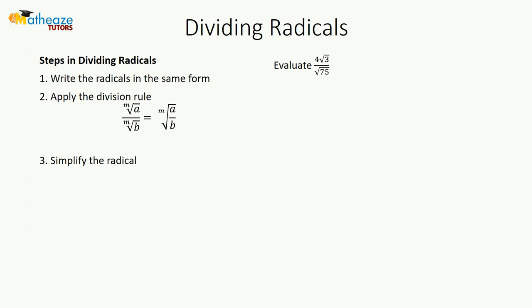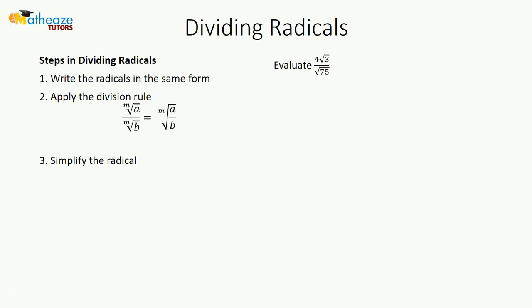Now, let's look at this: 4 square root of 3 divided by the square root of 75. Right now, the best way to do this is to either simplify the denominator, or we can rewrite the numerator to look like the denominator. I'm going to pick the method of simplifying the denominator.